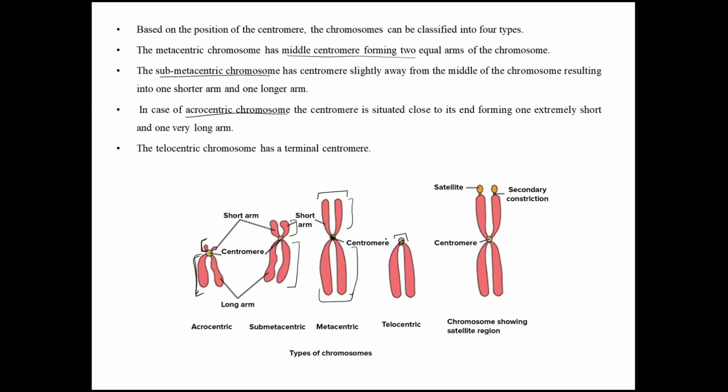Sometimes a few chromosomes have a non-staining secondary constriction at a constant location, which gives the appearance of a small fragment called a satellite, or secondary constriction.